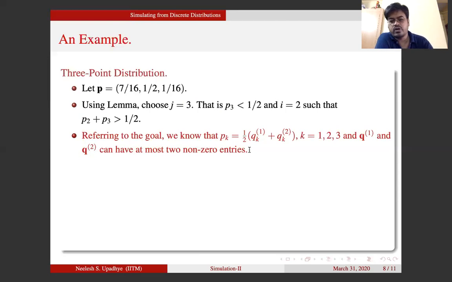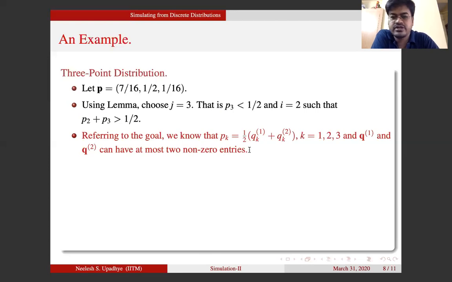We have decided that q1 should have a non-zero entry at points 2 and 3. Now, because point 3 satisfies one condition that p3 is less than 1 upon n minus 1, it is also better that q1 will have the entire probability mass corresponding to point 3.